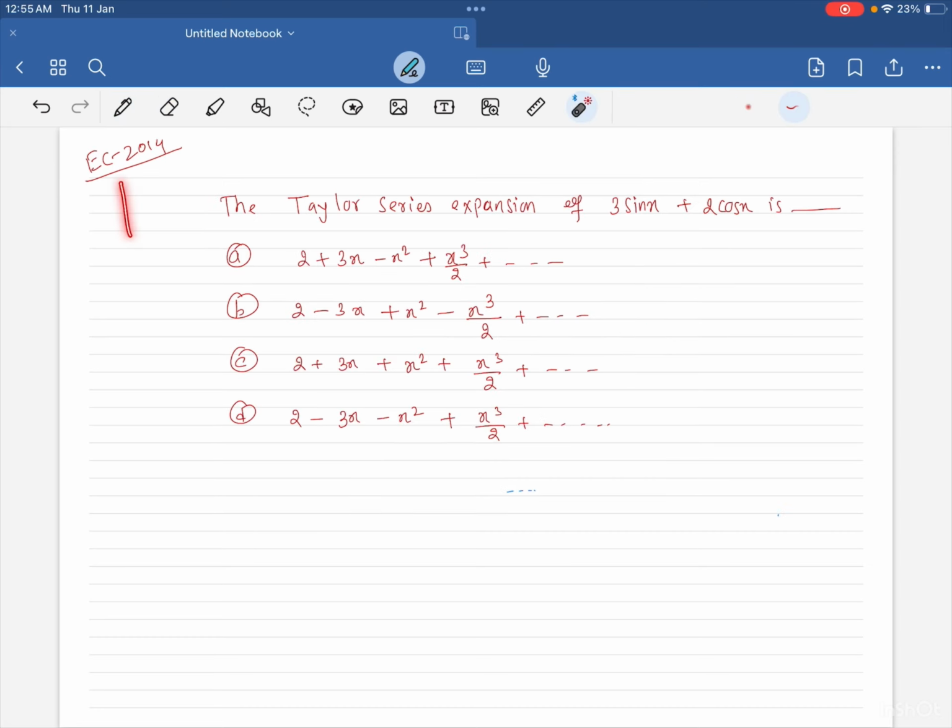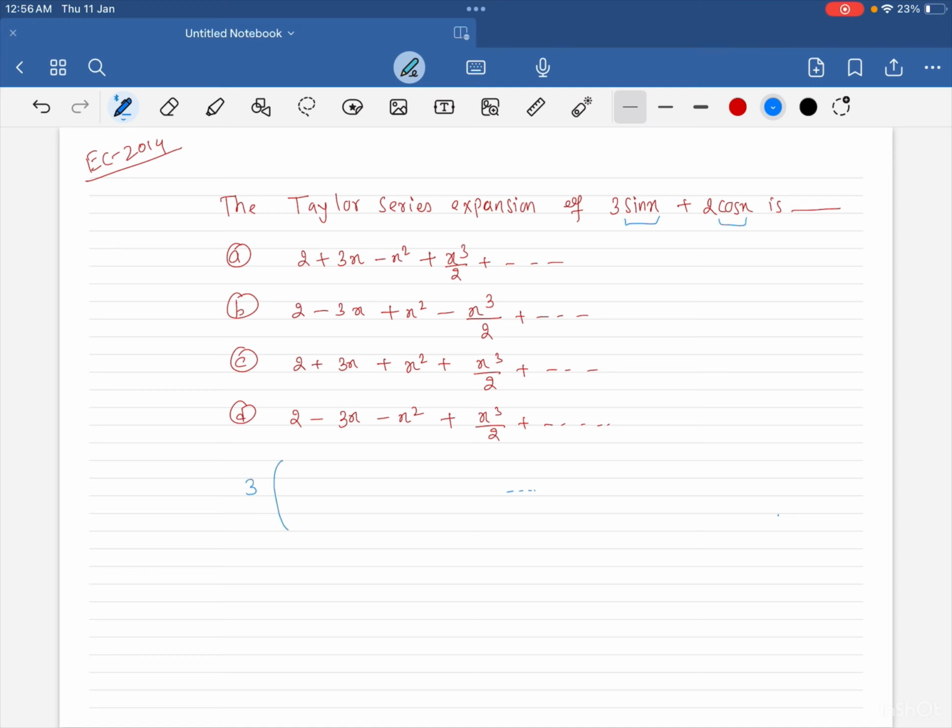Okay, so this question is from EC 2014. The Taylor series expansion of 3 sin x plus 2 cos x. This one is also easy, but you have to know the expansion of sin x and cos x, right?